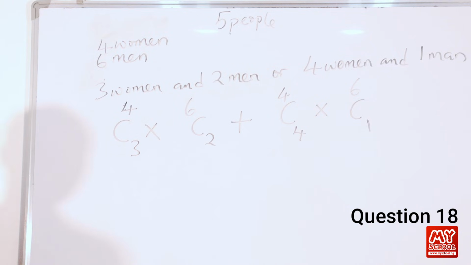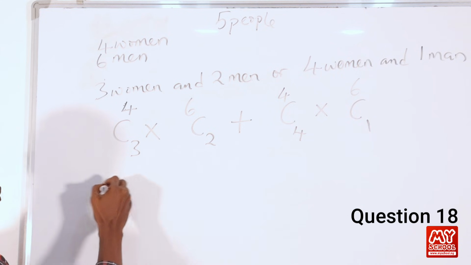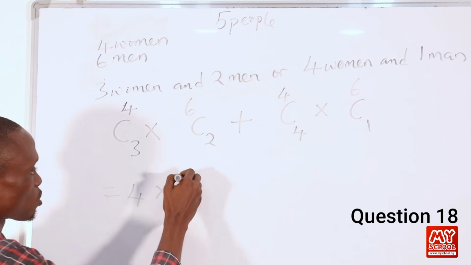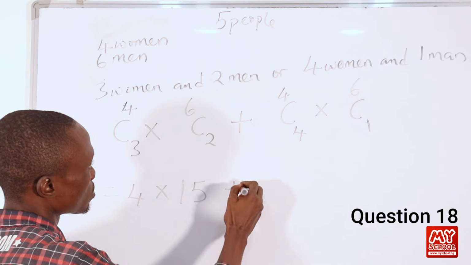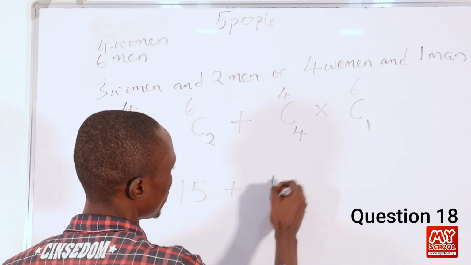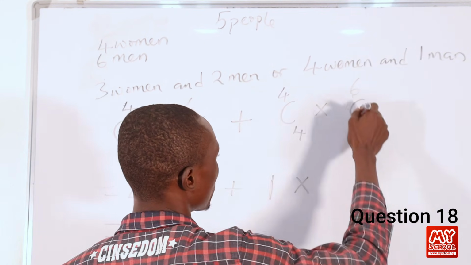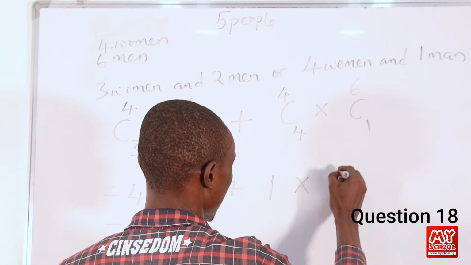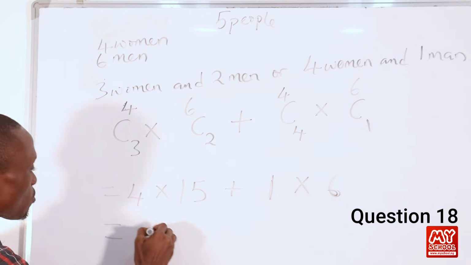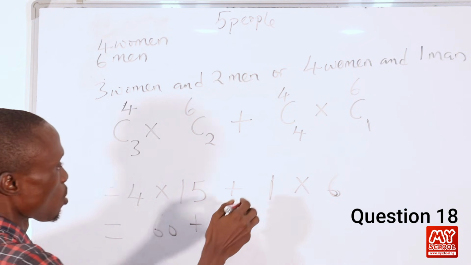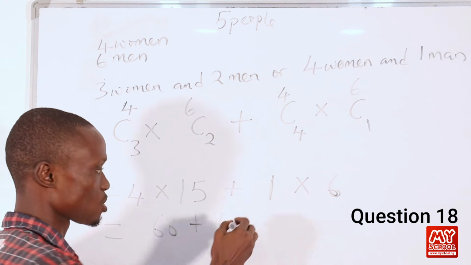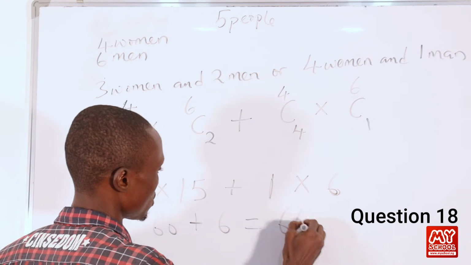So 4 combination 3 is equal to 4, 6 combination 2 is equal to 15, 4 combination 4 is equal to 1, and 6 combination 1 is equal to 6. Let's tidy this up. 4 times 15 gives us 60, plus 1 times 6 gives us 6. So 60 plus 6 is equal to 66.